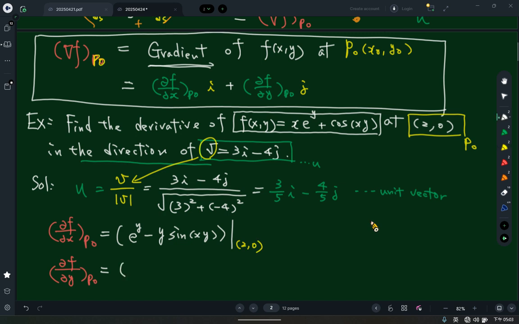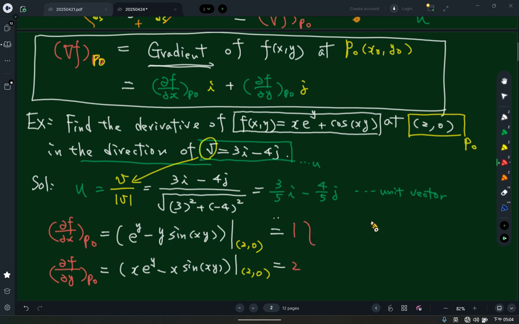Similarly, for the partial f partial y, it will be x times e to the power y minus x times sine xy, also at 2, 0. So you can just use x is equal to 2, y is equal to 0 as the input for this part. Through some calculation, I will skip the calculation, the answer will be 1, and this one is 2.